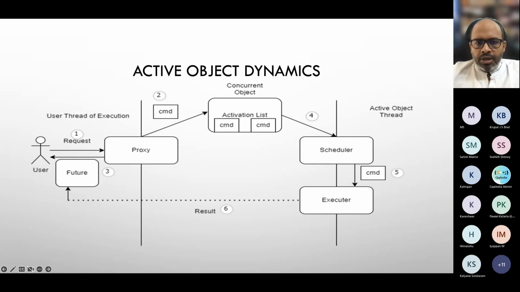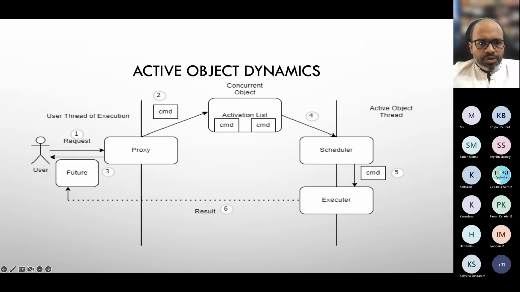Then there's a scheduler which goes through the commands in the activation list and schedules a command to be executed. The executor then actually runs the command. Once the command is run, the result of that execution is set in this future. There is this dotted line through which the result is set.